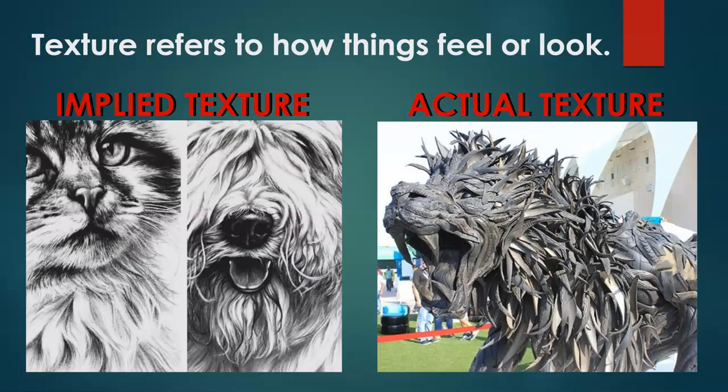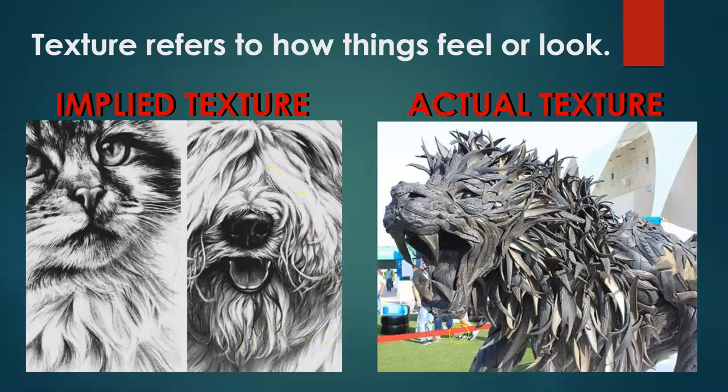Texture refers to how things feel or look. When we're talking about two-dimensional art, like the two drawings on the left, we are talking about implied texture. The artists who created the kitty cat and the dog used pencil skillfully to create the illusion of the soft fur texture of a cat and the mop-like texture of a sheepdog.